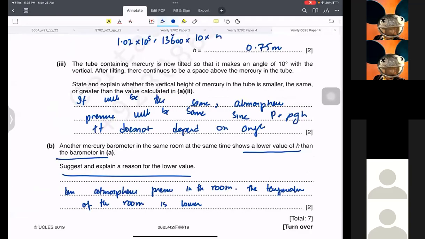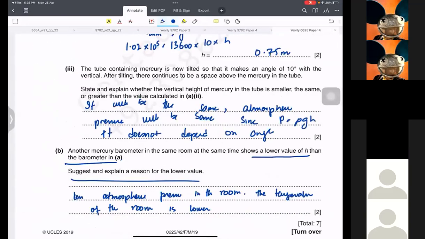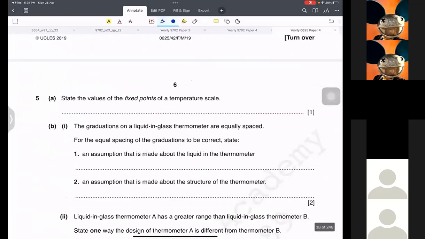Also, sometimes air gets inside. Sometimes it's not completely vacuum, so that also pressurizes it. So that's one thing you can also write. Then it says state the value of fixed points of thermometer scale. So 0 degrees Celsius and 100 degrees Celsius, lower fixed and upper fixed.